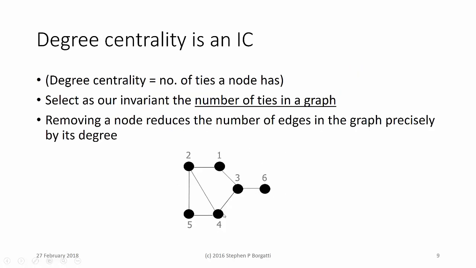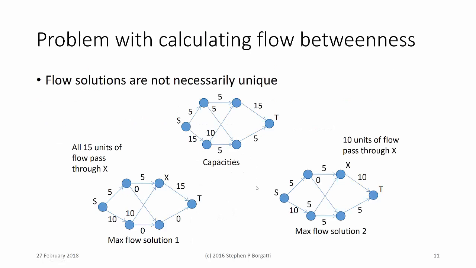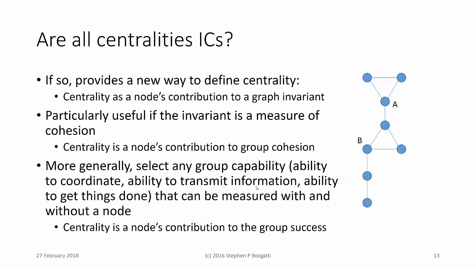Oops. Let's say we remove node 6. There's going to be one less tie in the network, and so its contribution to the number of ties in the network is actually its degree. So degree centrality happens to be, trivially, an induced centrality. Flow betweenness, we want to talk about some other time.